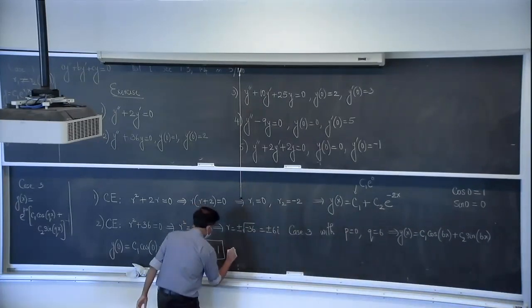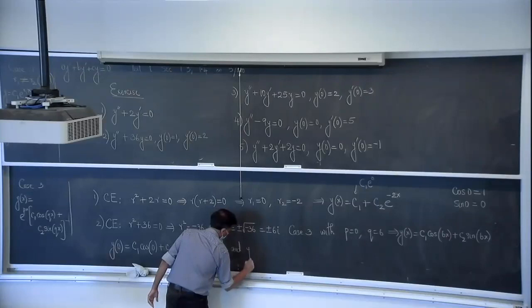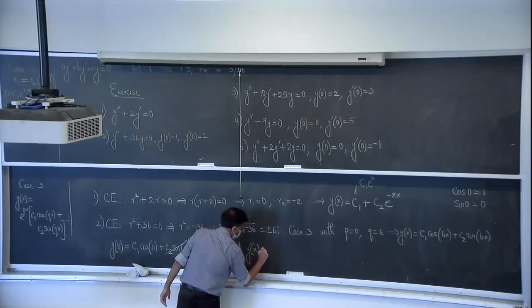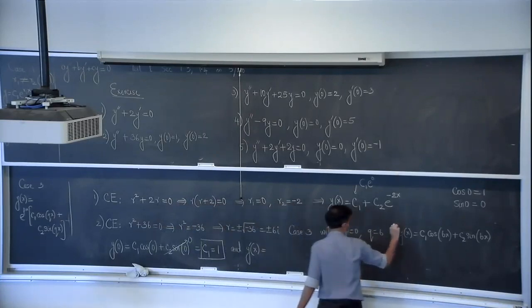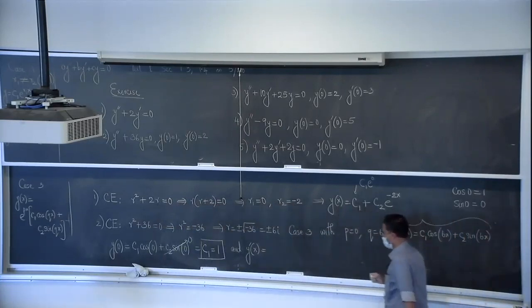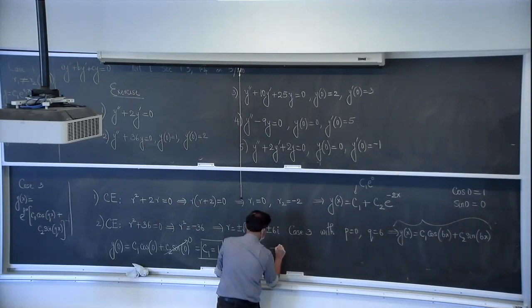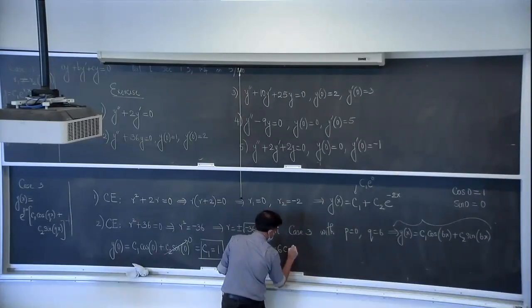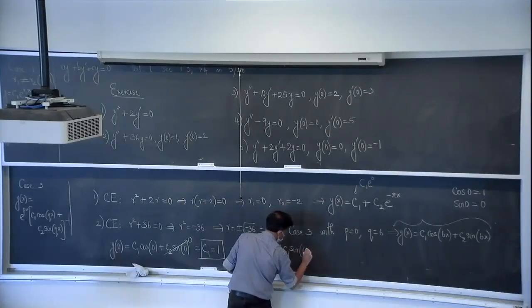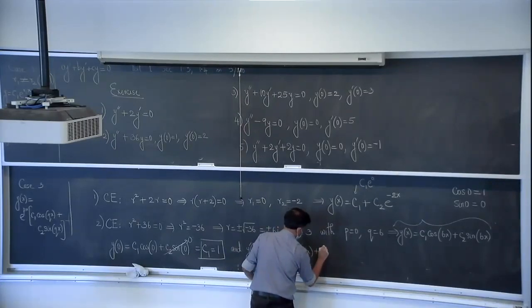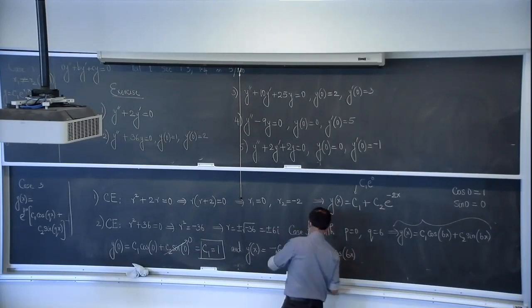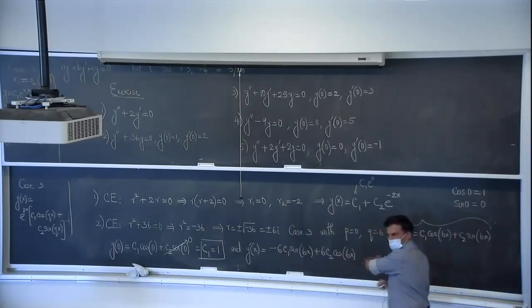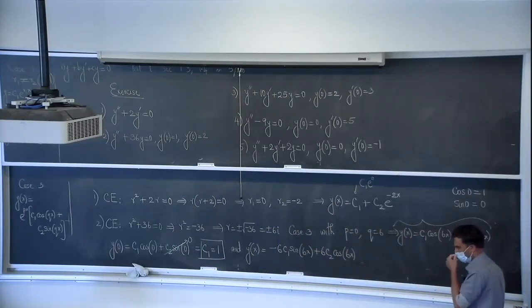We got C1. To find C2, we need another condition, the initial velocity. So y prime of x first. Take this function and take its derivative with respect to x. That's going to be negative 6 C1 sine of 6x plus 6 C2 cosine of 6x. Hope all of you know where that 6 comes from, the chain rule and all that.